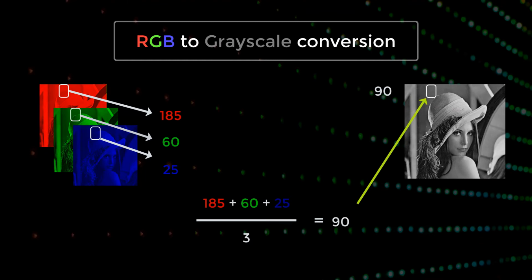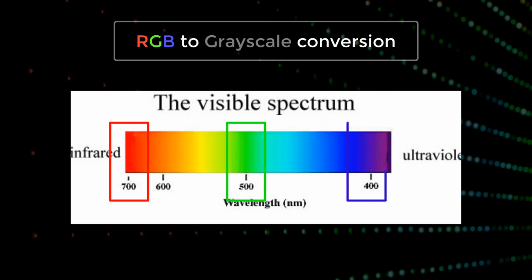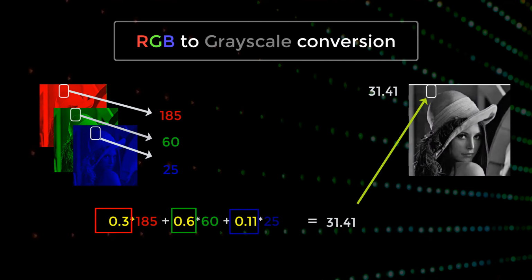But this is not the correct way of doing it, because in real world every color have different wavelengths. As per visible light spectrum, highest wavelength is of red color, then green, and the lowest is of blue color. So we will assign weights inversely to these color pixel intensity value. That means assign lower weights to red color intensity, assign weights higher than red to the green.